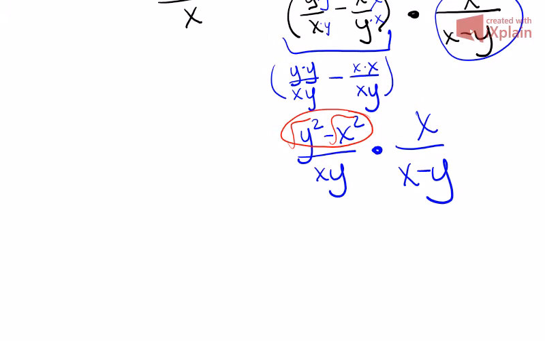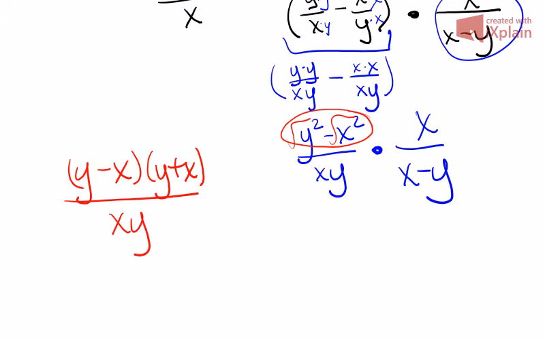So again, do that square root thing. And now we have y minus x times y plus x when we factor it over xy times x over x minus y. Okay, this group here.